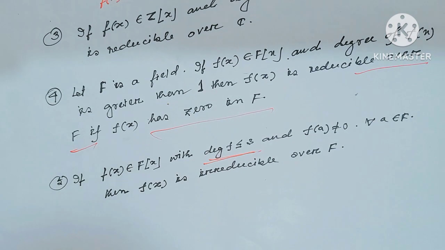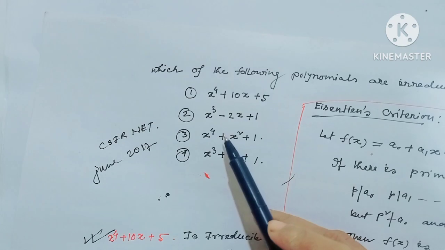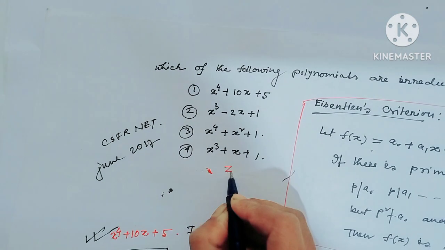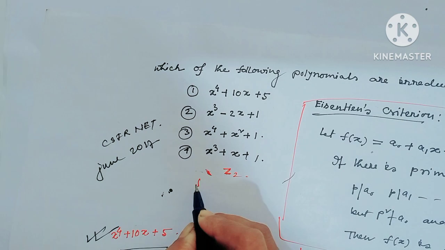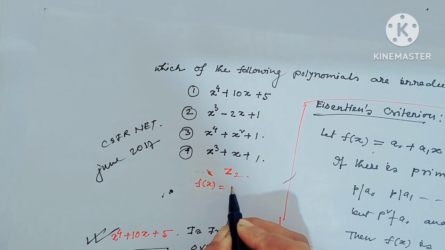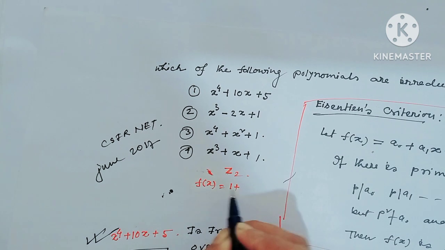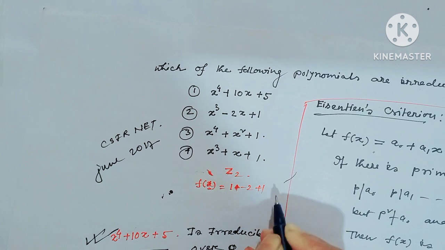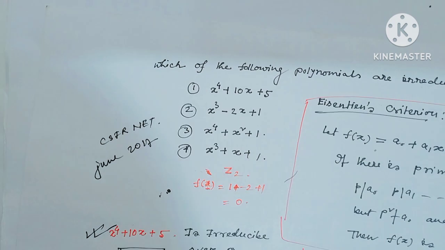Now let's come back to our original question. x cube minus 2x plus 1 in Z2. Obviously this function f(x) in Z2 has a root: f of 1 equal to 1 minus 2 plus 1, obviously this is 0.